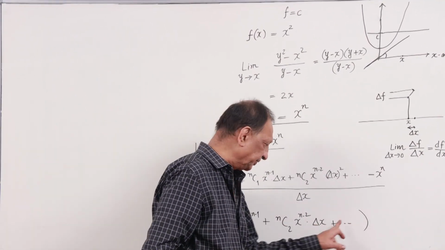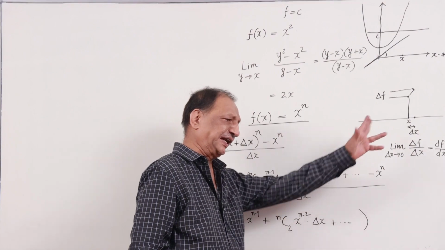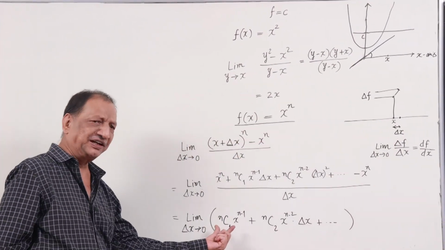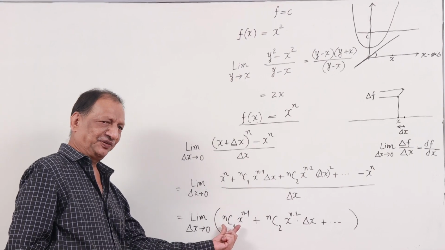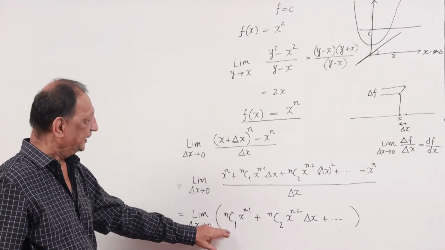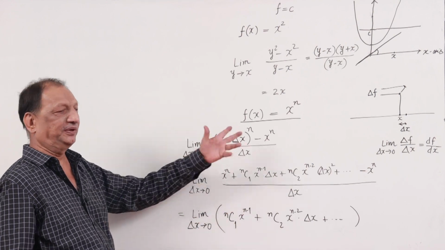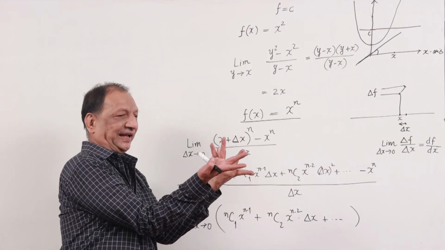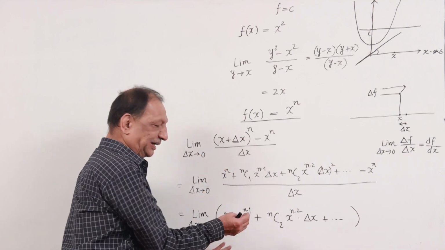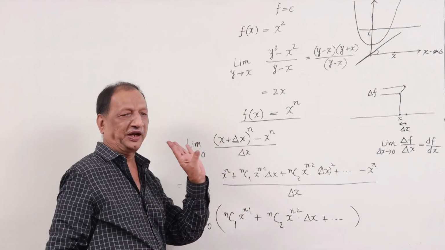Each of the succeeding terms has got a delta x, and a power of delta x squared, delta x cubed, and so on, right? And the only term which doesn't have delta x is the first term. So when you say what is the limit delta x tending to 0 of nC1 x to the power of n minus 1, this has nothing to do with delta x. I've got only x here. nC1 is a fixed number. I've got a variable called x, and I'm raising it to the power n minus 1.